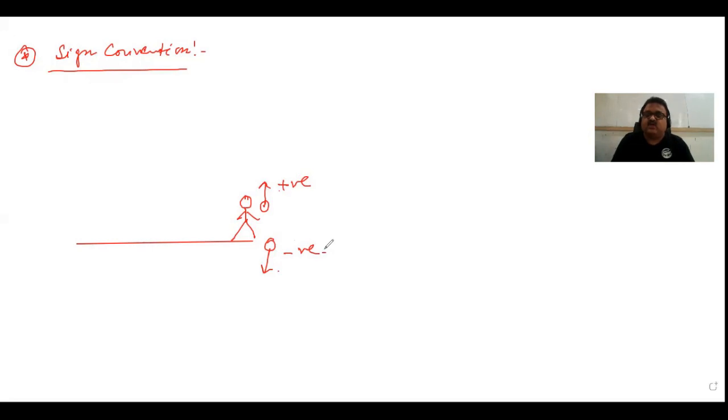Now, whether a body is going up or down, what we know is acceleration due to gravity always acts downward, correct? That is the direction of g. So remember, in all these formulas, we'll consider a is equal to minus g. You have to remember this.